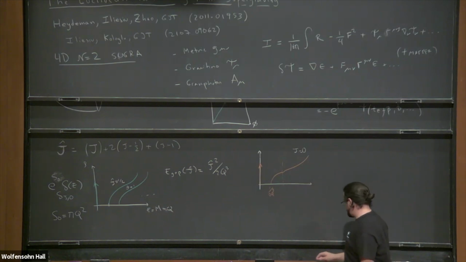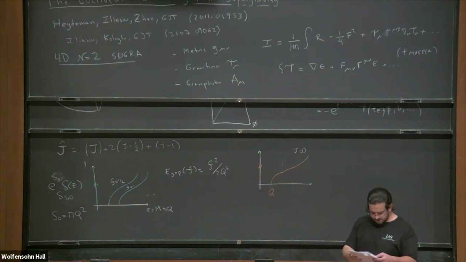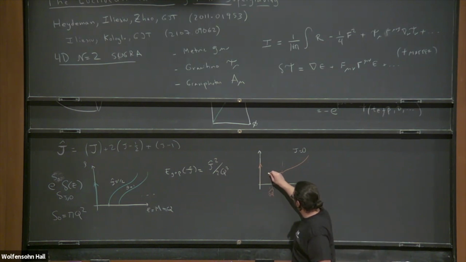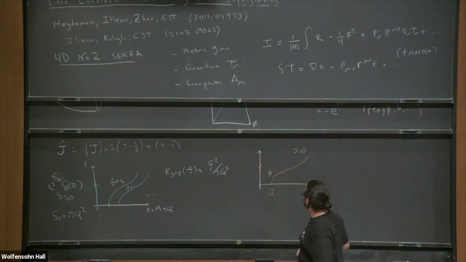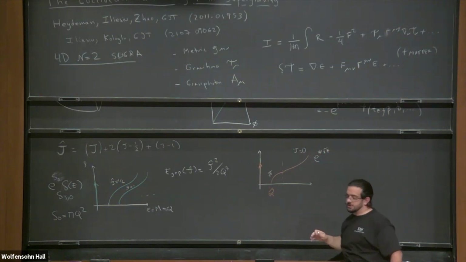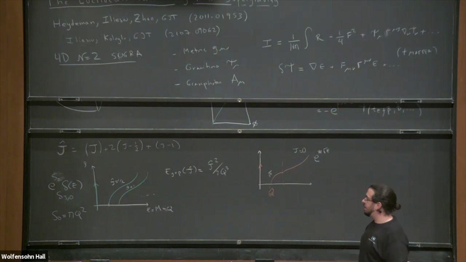There is a formula for these curves that I'm not going to write down because it would take me a long time, but the important features are that this is a square root edge, and at large energies this goes as e to the something square root e, which matches the semi-classical area from the classical evaluation of the action. So this is the Bekenstein-Hawking area term.